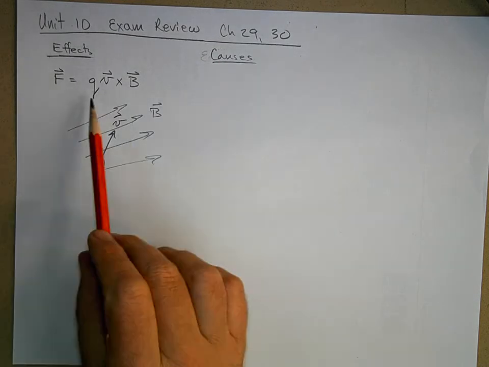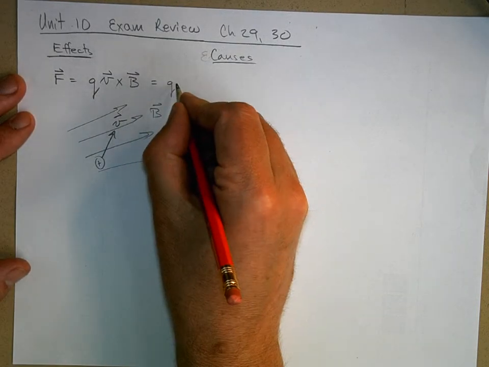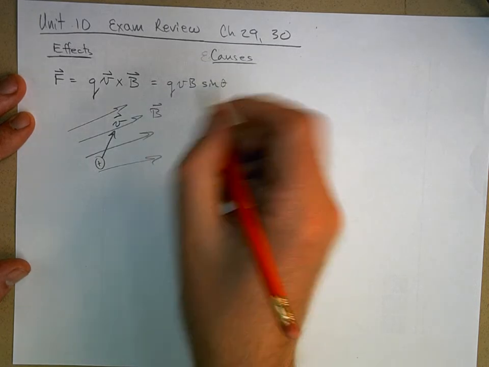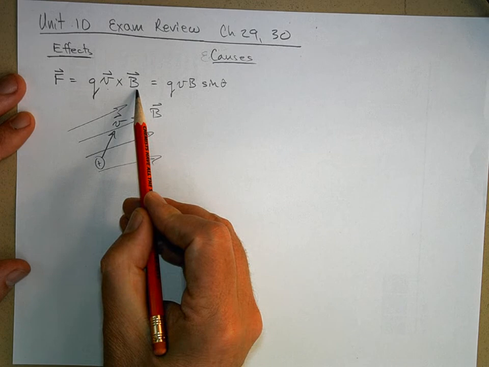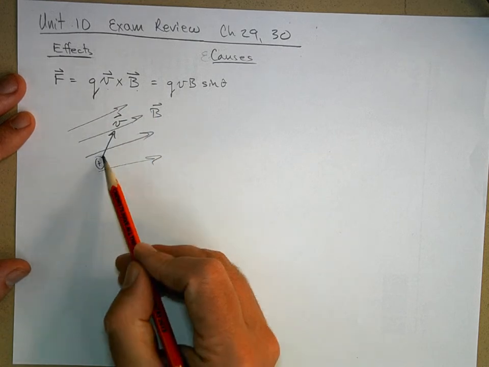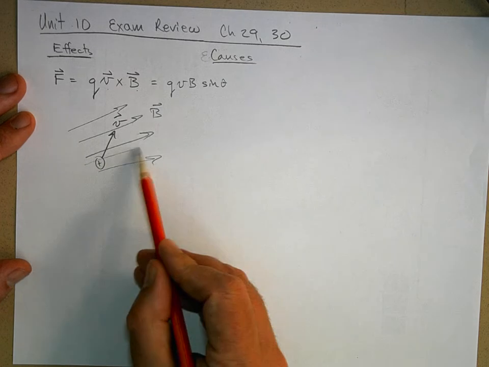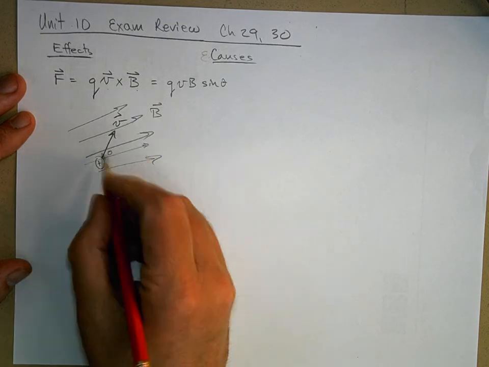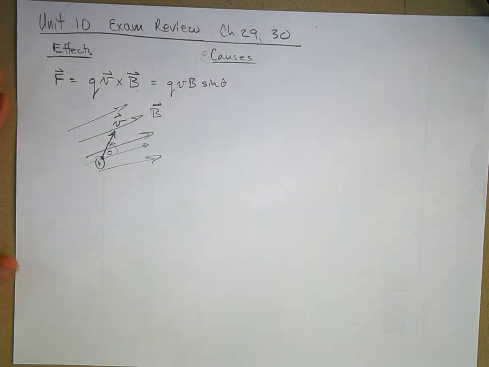Well, you can get the magnitude of the force by saying qvB sine theta, where theta is the angle between the velocity vector and the magnetic field vector. Here's the velocity vector as I've drawn it, and if I stay parallel to these other ones, here's the angle theta. So it's the angle formed if you hook them up tail to tail.